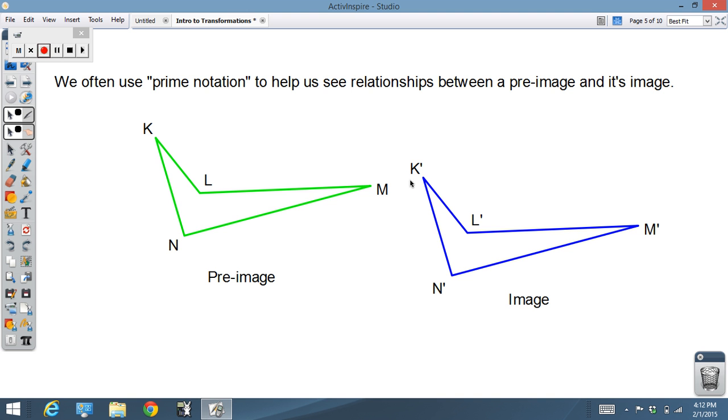In order to help us see the corresponding angles and sides and so on, we very often just use, from polygon KLMN, if that's our pre-image, we'll often call our image K prime, L prime, M prime, N prime, just to help us see the corresponding angles and how the figures line up. This will be especially important as we start to do reflections and rotations. Translations, they're a little easier, but I want you to see prime notation. K, K prime. So what is a translation?